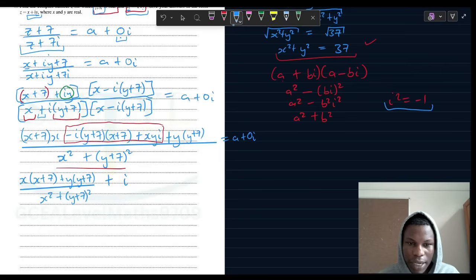That's going to be our right, xyi first. We've got xy, and then that's negative. Remember, we factored out the i, so negative (y plus 7)(x plus 7). And this is all being divided by the x squared plus (y plus 7) squared.